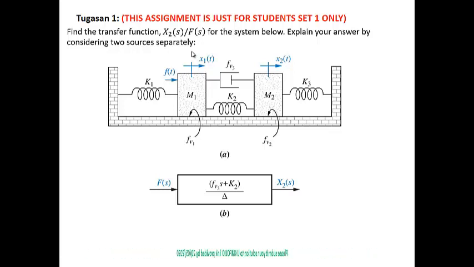Then please submit your solutions to UKM Folio, link provided, by 20th of May 2020, which is next week on Wednesday. I will open the link for submission, and again I remind you that this assignment is just for set 1 students.